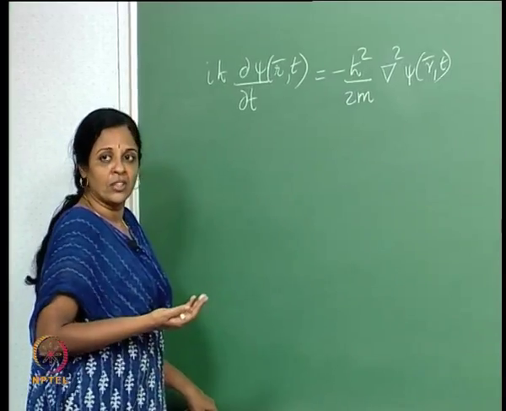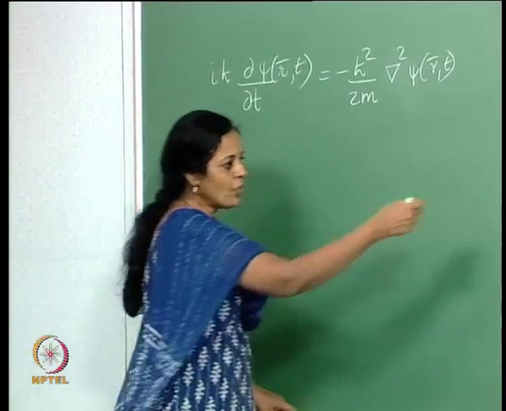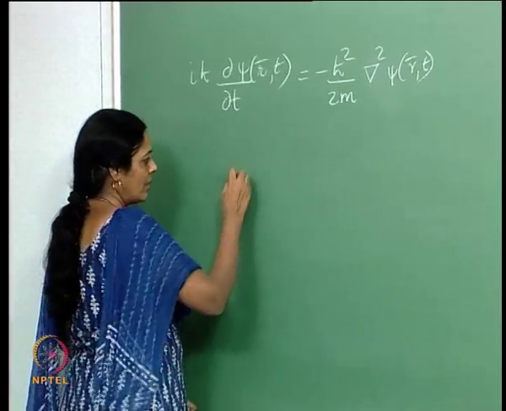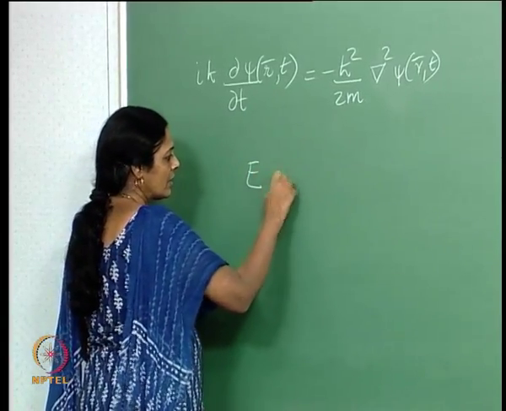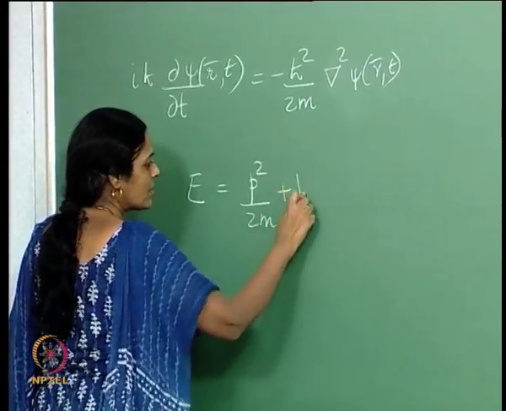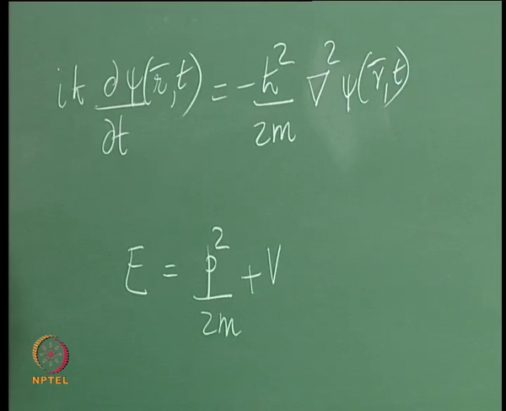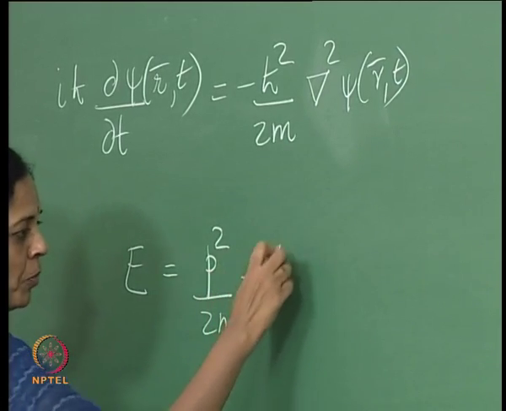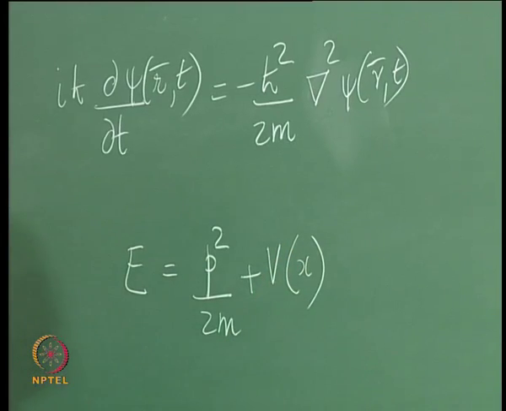Now, suppose there were a potential term. Let us go back and look at how we got this. In classical physics, the total energy would be the kinetic energy plus the potential energy. This is in the position representation. So, the potential is going to be a function of x in 1 dimension, for instance.